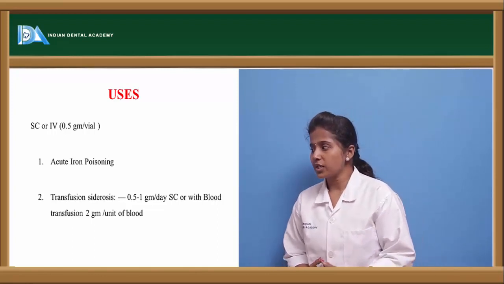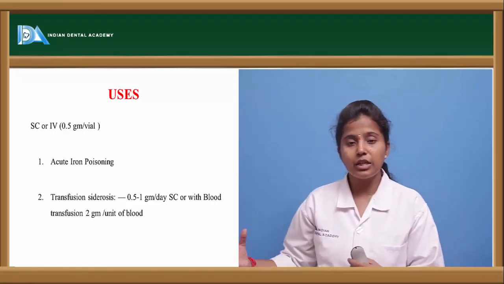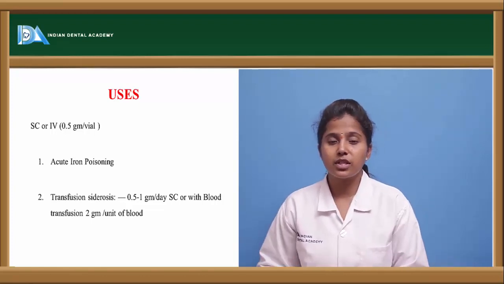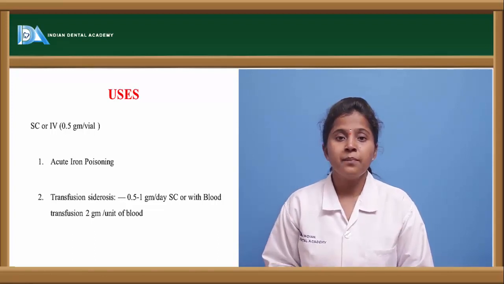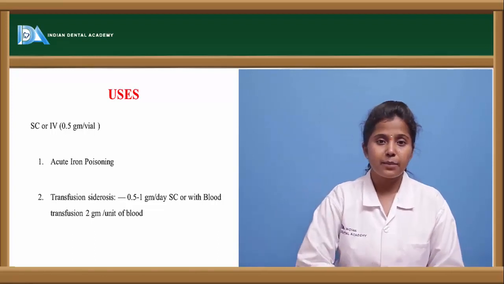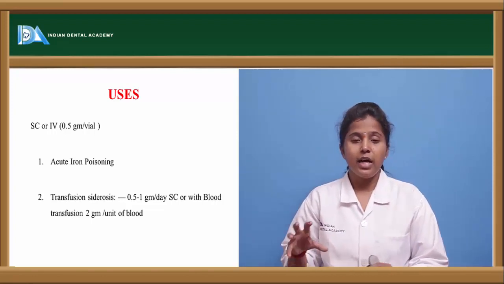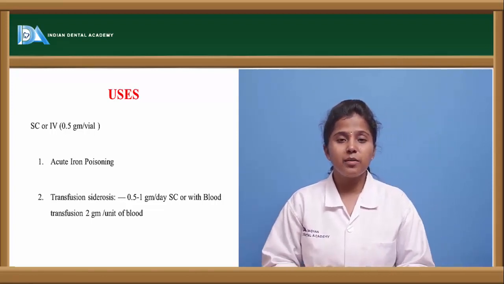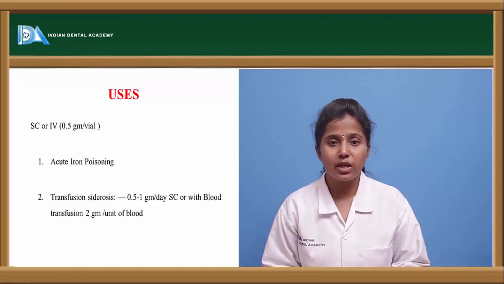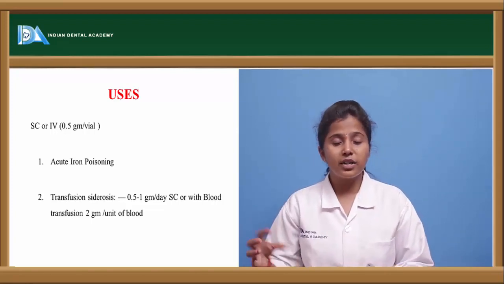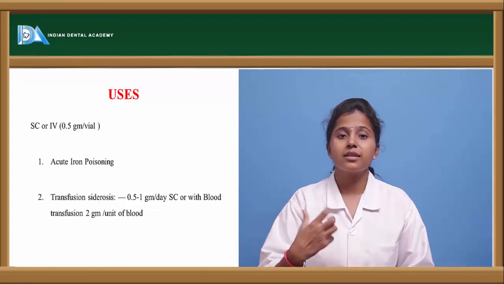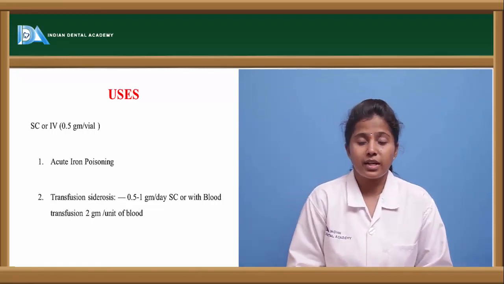in transfusion acidosis. In this particular condition, when there is a transfusion of body fluids, for example a blood transfusion, if the compatibility of the blood is not the same as that particular person's, or if there is any problem with the blood transfusion, then iron poisoning occurs, because hemoglobin contains iron, right?